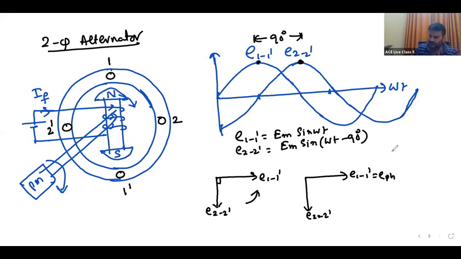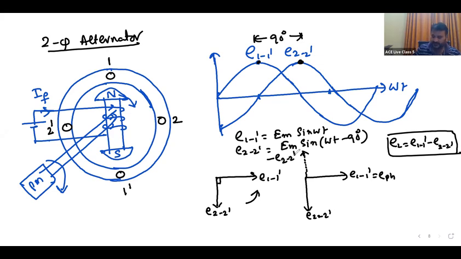Line voltage is equal to E11 dash minus E22 dash. Therefore, 22 dash I will take in opposite direction: this is minus E22 dash.